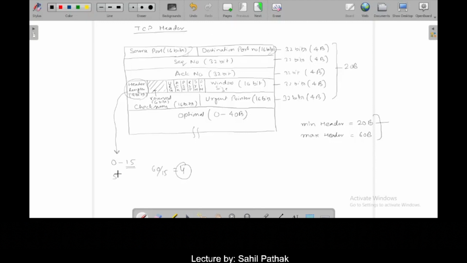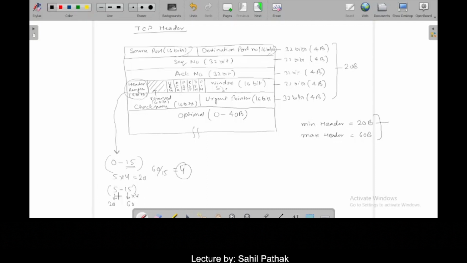Okay, similarly if I have the value 5 in this header length, and if I multiply it by 4, I will have 20, and that is the minimum header size. So this header length can have a value between 0 to 15, but in actual it will have a range of 5 to 15, that is minimum 20 and maximum 60 if I multiply it by the scaling factor, which is 4.